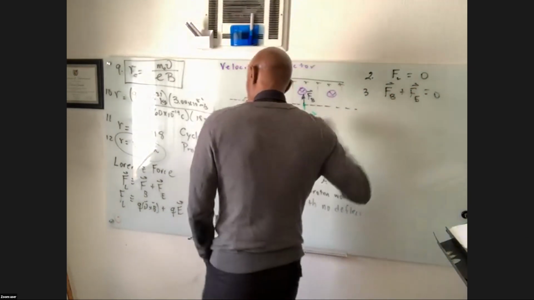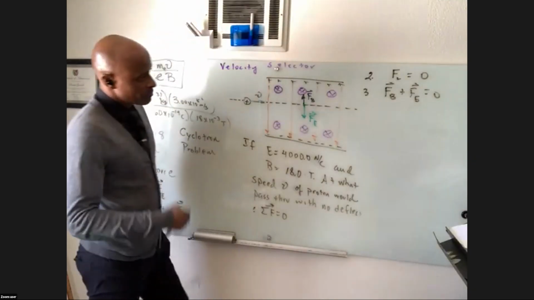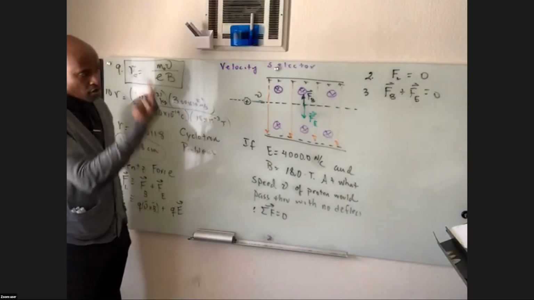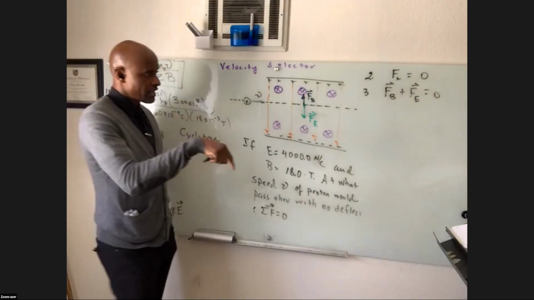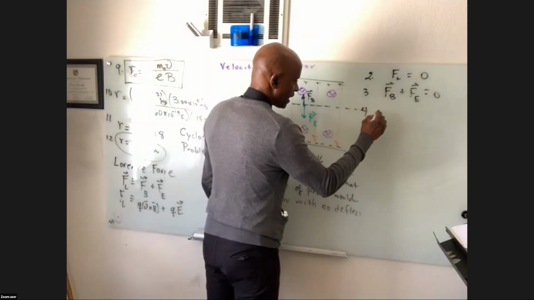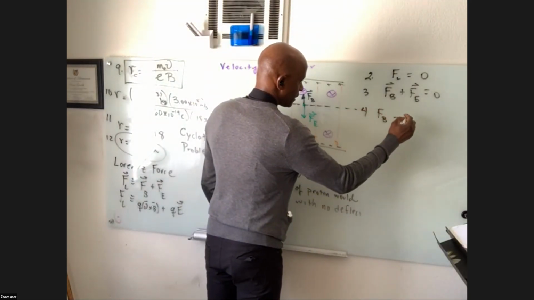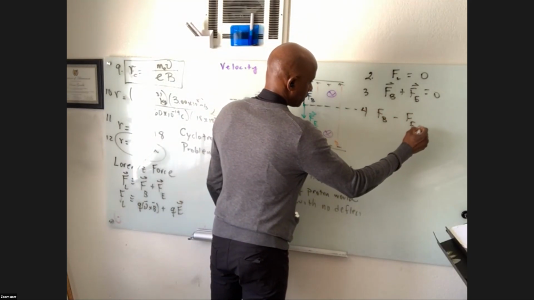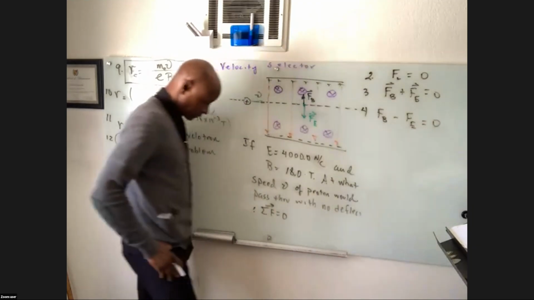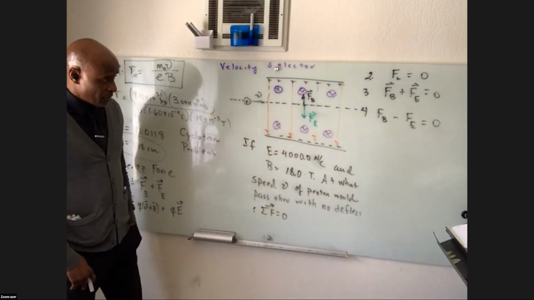But now when I drop the vector notation, I have to put in the relative directions. Call up positive and down negative. So that will be F_B minus F_E equals 0. Now we put in the magnitudes of those forces.